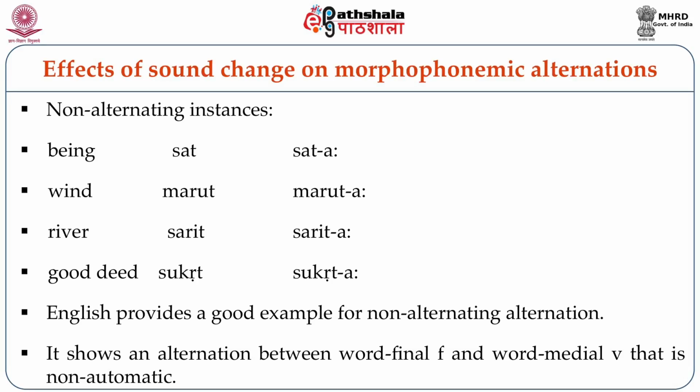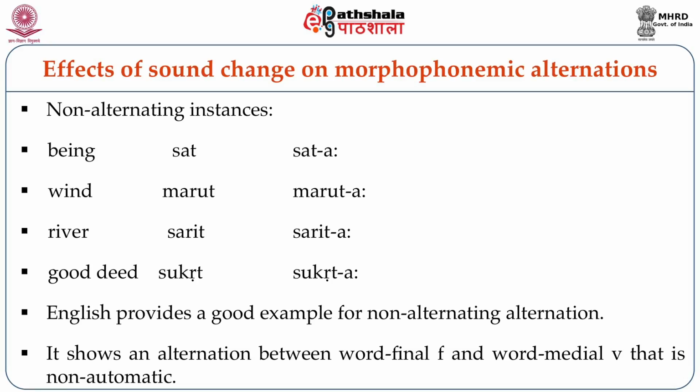So we have three sets: an alternating set, a non-alternating set, and the instances with no alternation at all, like cliff, cliffs, cave, caves. So when we have this kind of situation, we call it an automatic alternation.